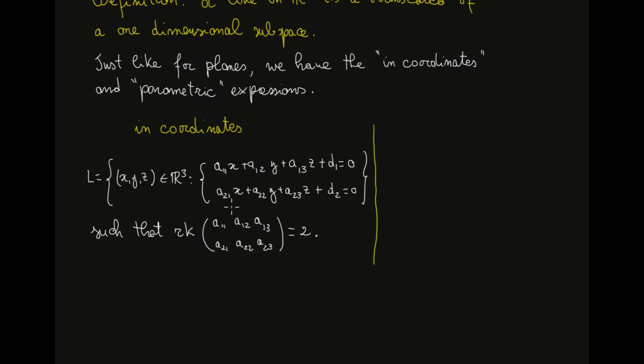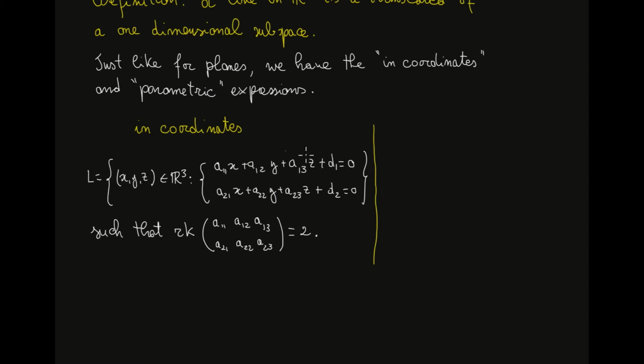The condition is that if we let these coefficients form a matrix, with the first row the coefficients of the first equation and the second row the coefficients of the second equation, this matrix must have rank 2.